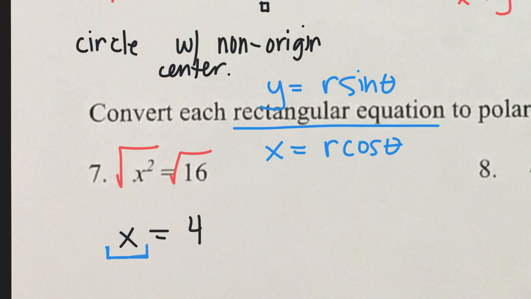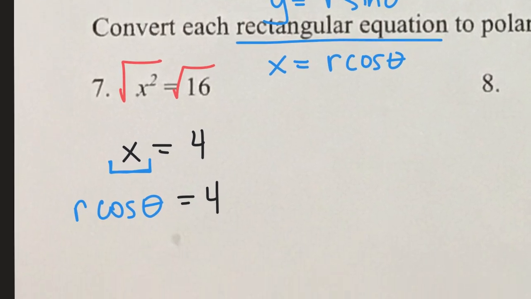I can replace x with r cosine theta. Now my equation doesn't have an x anymore, it has r's and thetas. So my last thing is to solve for r. Solve this equation for r. How would I go about solving for r?